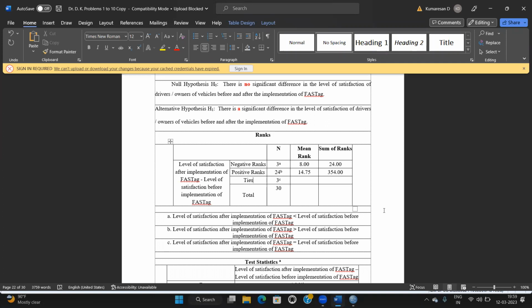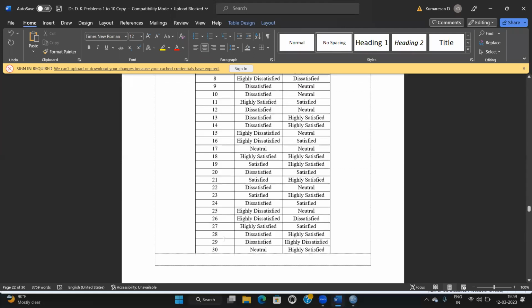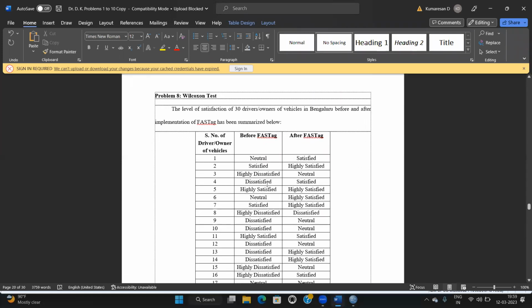Okay. How can we decide whether it is less than, greater than, or equal? See here, data is given like this. We have ordered them like highly satisfied, satisfied, neutral, dissatisfied, and highly dissatisfied.